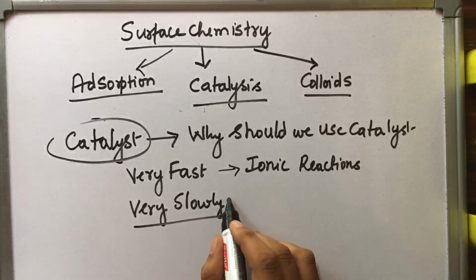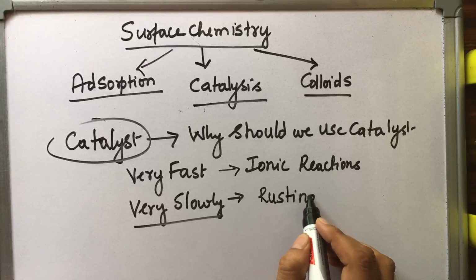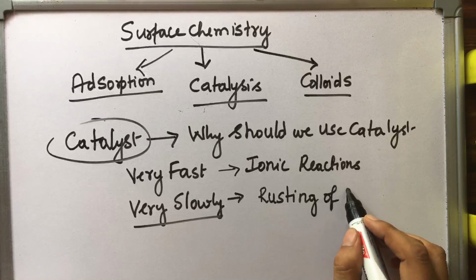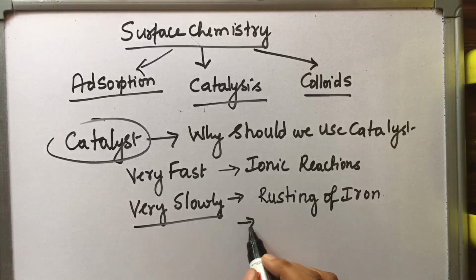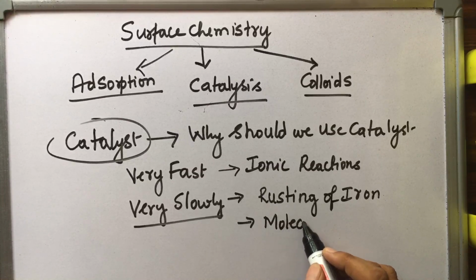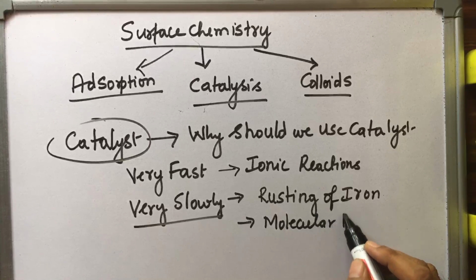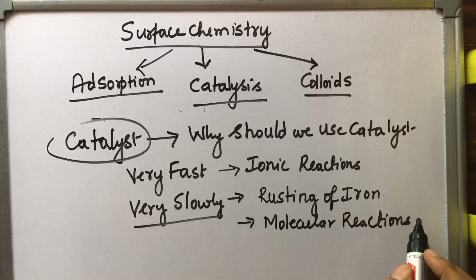Very slow reactions, for example rusting of iron, or molecular reactions, breaking and making of covalent bonds, happen very slowly. In order to catalyze these reactions, we need to use certain substances called catalysts.